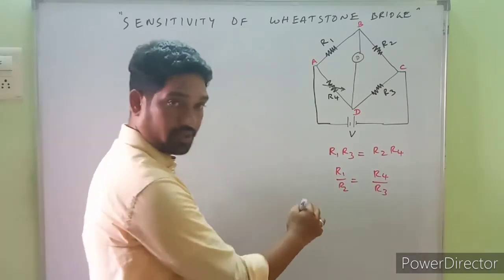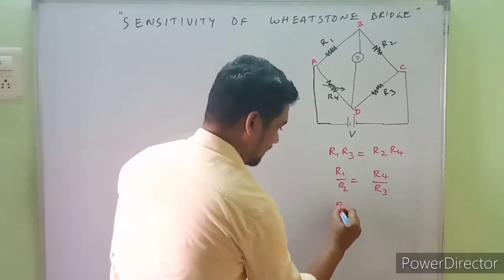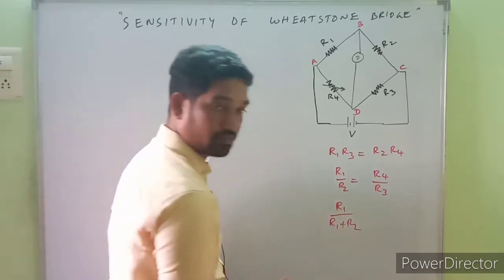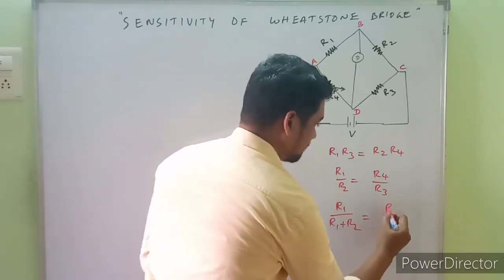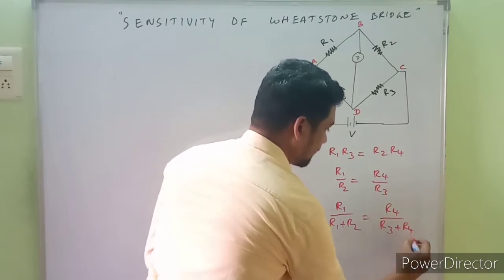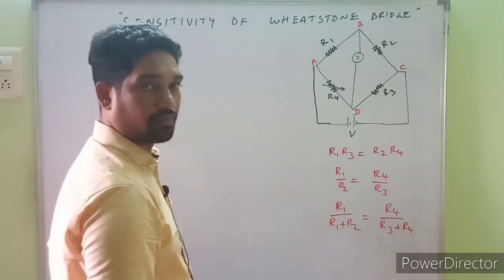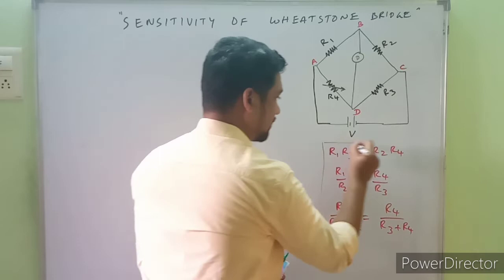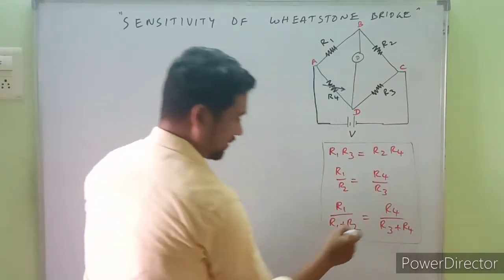Have a watch. Here we need this one: R1 by R1 plus R2 is equal to R4 by R3 plus R4. Because it's true, I don't want to prove it here. You prove it, and if you think it's not correct, challenge me.